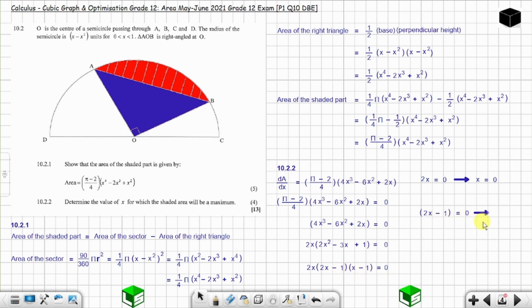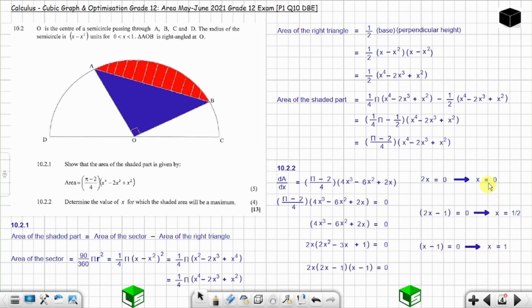From this, you know that x is equal to, when you take negative 1 to the right, it becomes 1. You divide by 2, so you have x is equal to a half. I hope you can do that. Let's carry on. This bracket is also equal to 0, and from this, x is equal to 1, when you take negative 1 to the right.